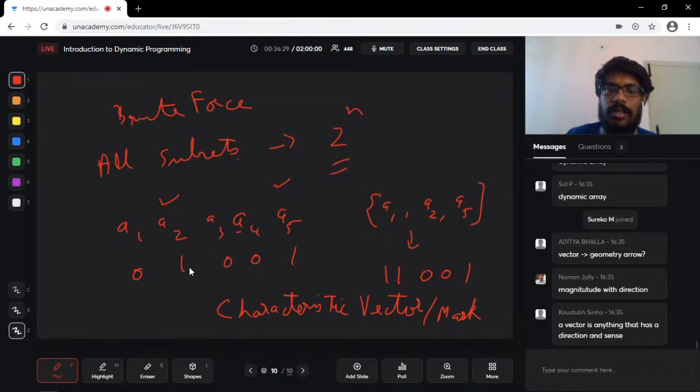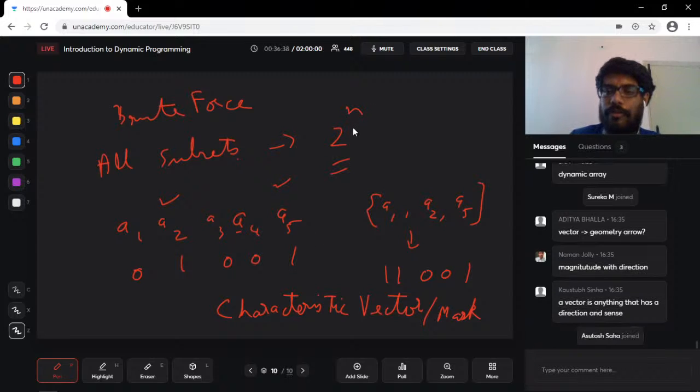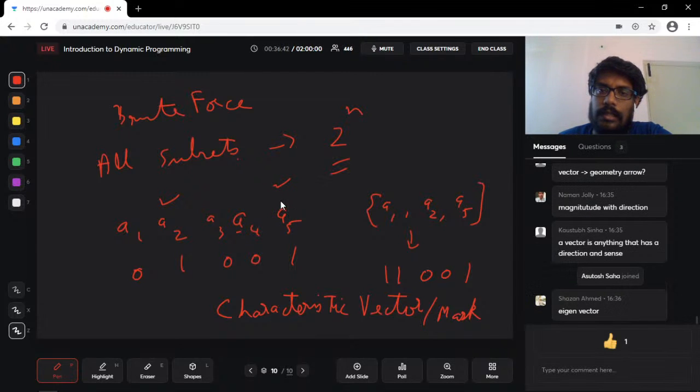Coming back here, why are we going to this side step? I just want to reiterate upon this 2 to the power n, right? Now all subsets can be represented as binary strings of size n.